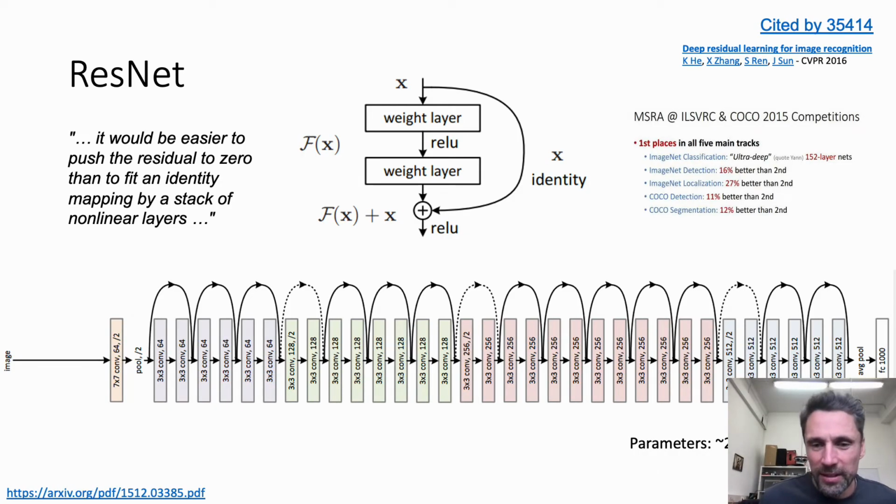In 2015, the winner of ImageNet was ResNet. ResNet's idea here was that if the optimizer, the learning process, can't find identity mappings, well then why not use them by default and let those layers only learn deviations from identity mappings. That motivated these so-called res blocks, residual blocks, that are shown here.